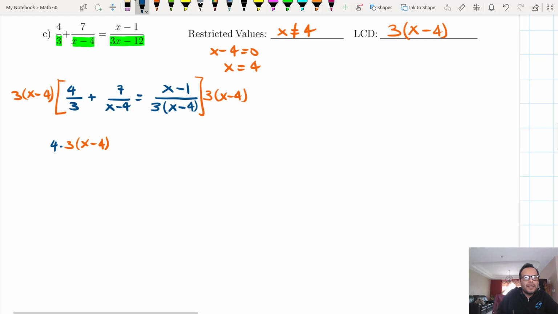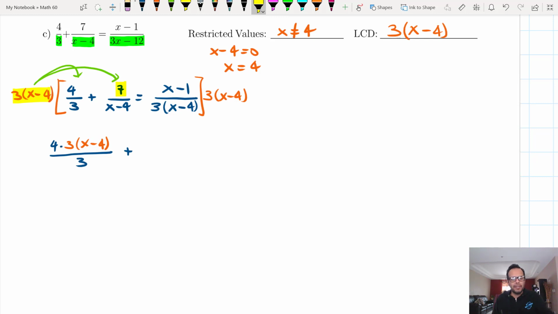And I'm going to divide that by 3, plus, so that's distributing over the first term, and distributing over the second term, I'm going to multiply the quantity 3x minus 4 by 7, leaving us with 7 times the quantity 3x minus 4.